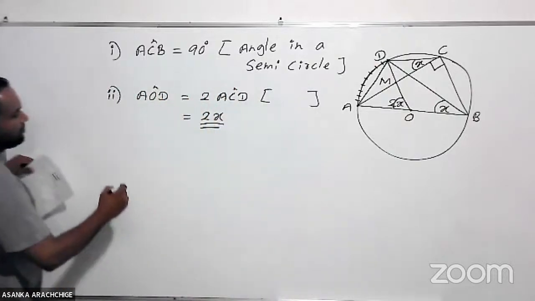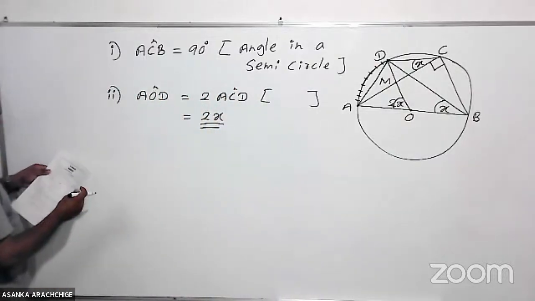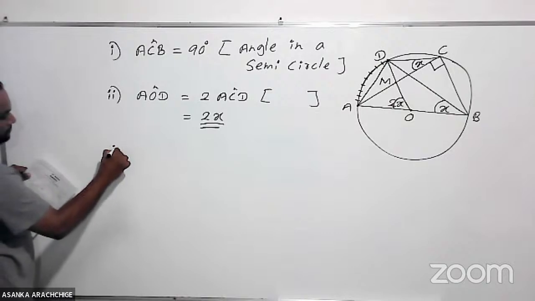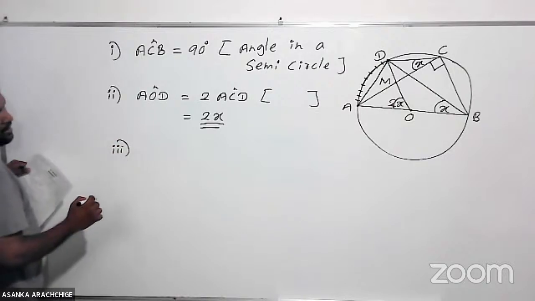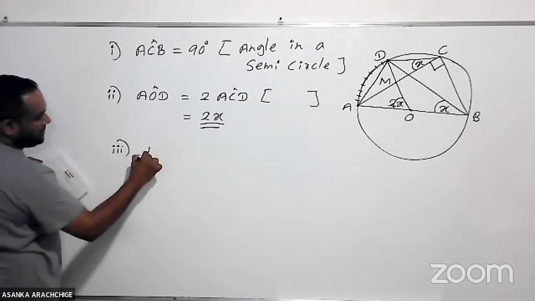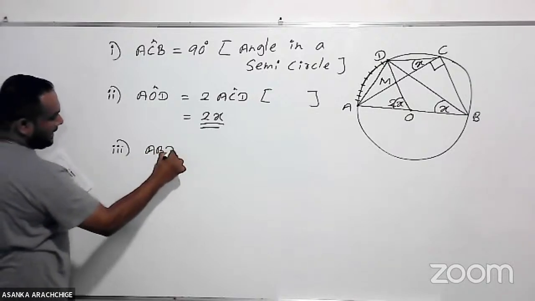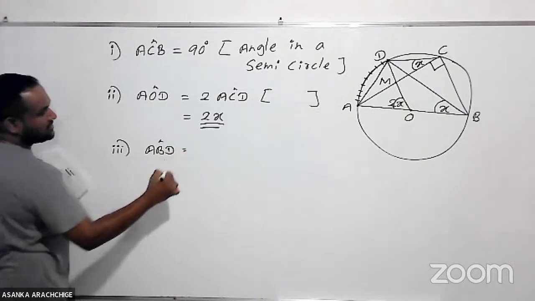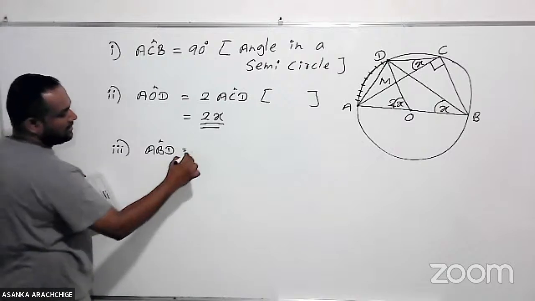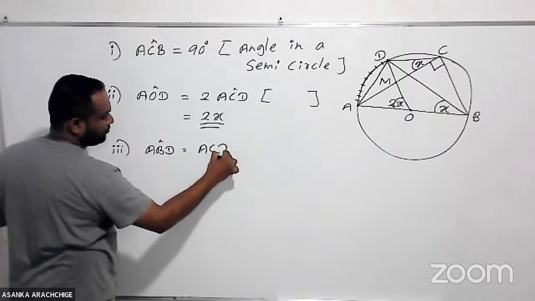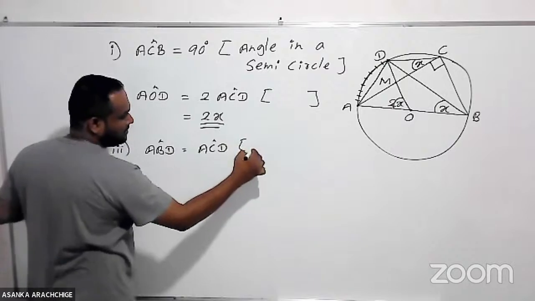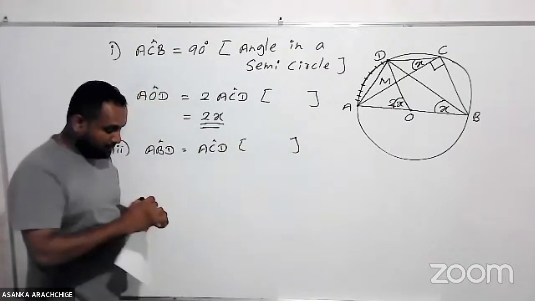You can say number 3. Angle ABD is equal to angle ACD. Write the reason, everybody.